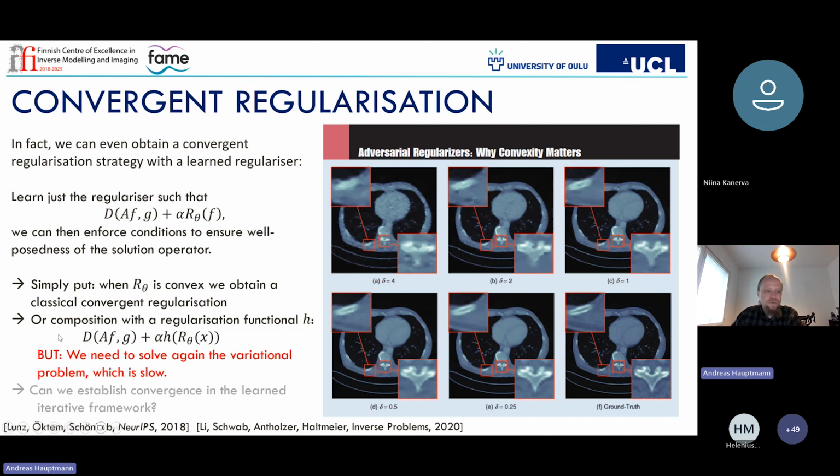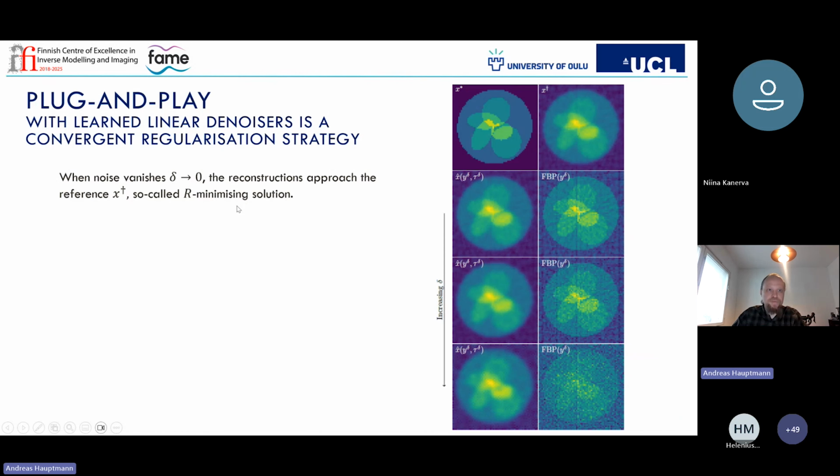So what we wanted to do, in one of our recent works, is establish some convergence, specifically a convergent regularization, in the learned iterative framework. The only way that we were able to prove anything at this point is to go specifically to this plug-and-play framework. So we had to restrict ourselves to a learned linear denoiser.